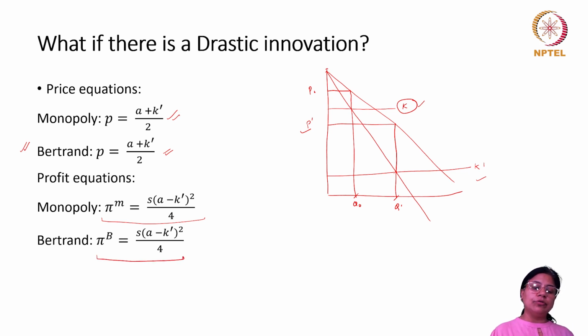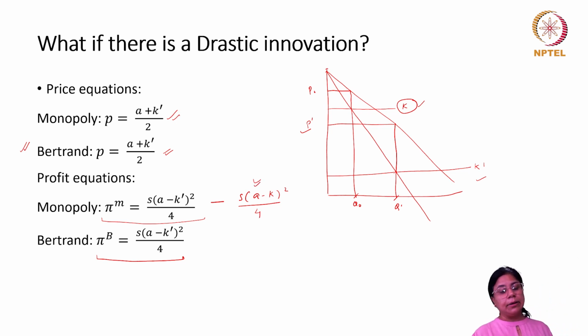But when a monopolist has to choose, they will subtract this term. Why? Because that was the profit that the monopolist was making earlier. If so, then clearly the Bertrand competitor will once again have more motivation, as he or she stands a chance of in fact becoming a monopolist with the extremely reduced price or by coming up with a drastic innovation.